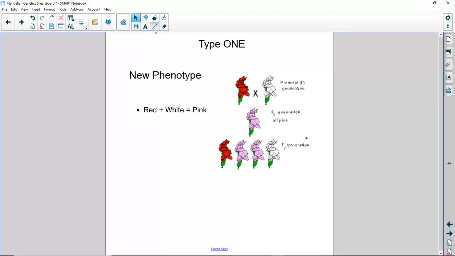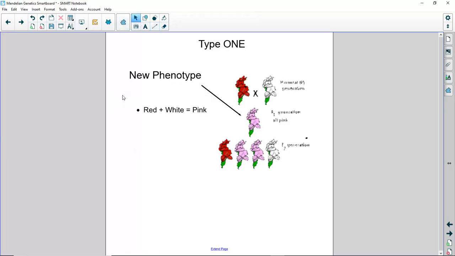And this pink here is considered to be a new phenotype. It's not a combination of both red and white; it's a new phenotype, and it's always the heterozygote here. So in this case, red and white equal pink. So you have a red flower, you have a white flower, and now you can have a pink flower from this.